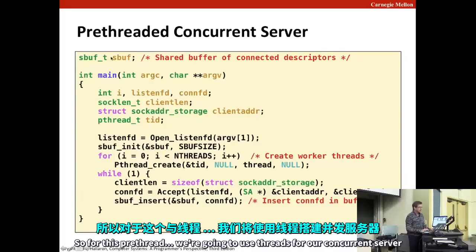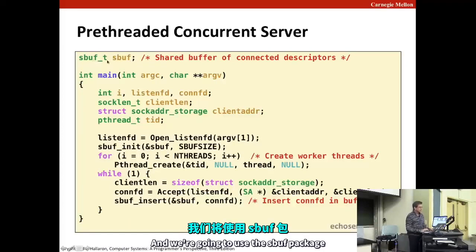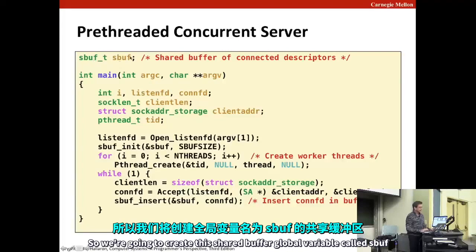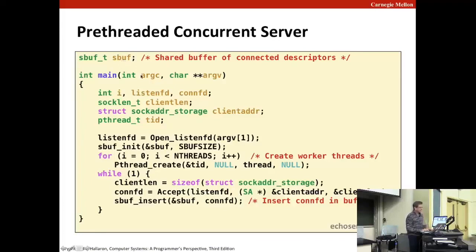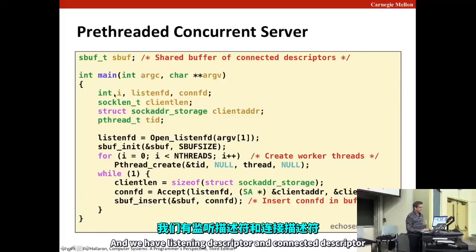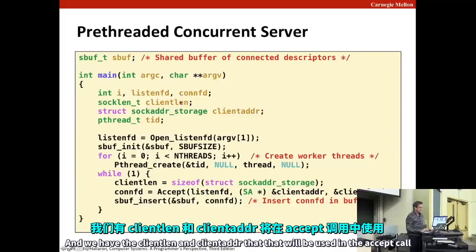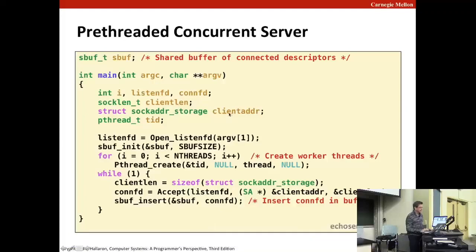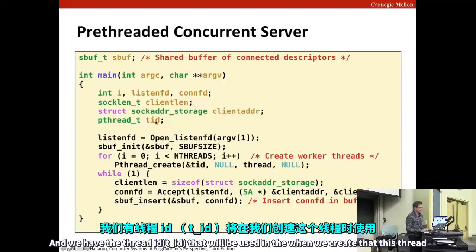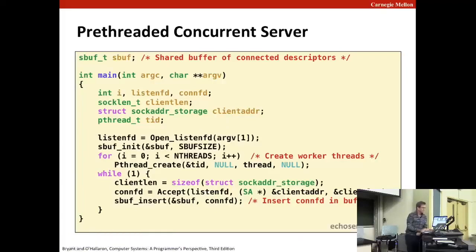For this we're going to use threads for our concurrent server, and we're going to use the sbuf package. We create a shared buffer as a global variable called sbuf. We have a listening descriptor and a connected descriptor, the client length and client addr that'll be used in the accept call, and the thread ID that'll be used when we create the threads.